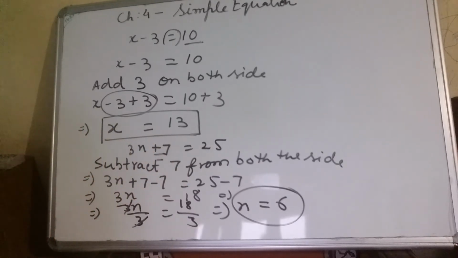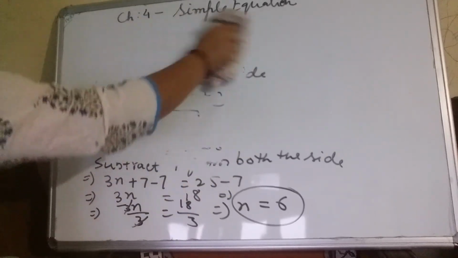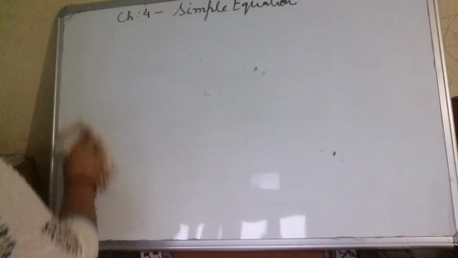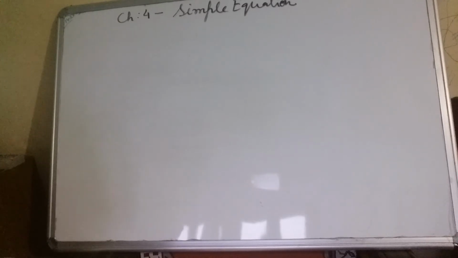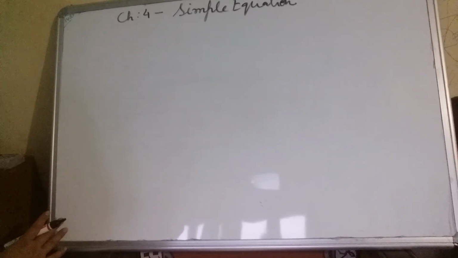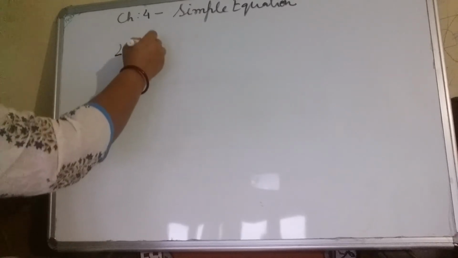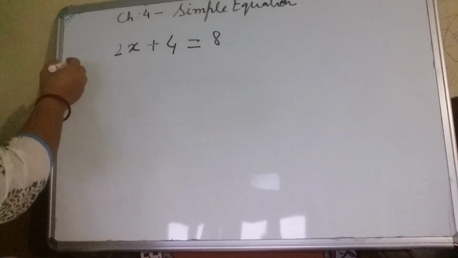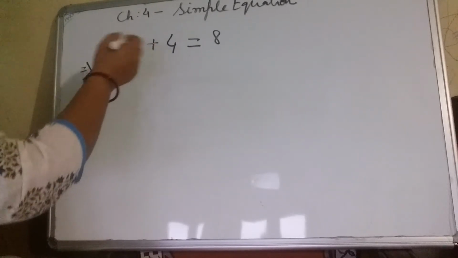Now another method is the transposing method. Transposing means changing sides. Transposing a number is the same as adding or subtracting the number from both the sides. So take an example, 2x plus 4 equals 8. Before, we were doing this addition and subtraction.